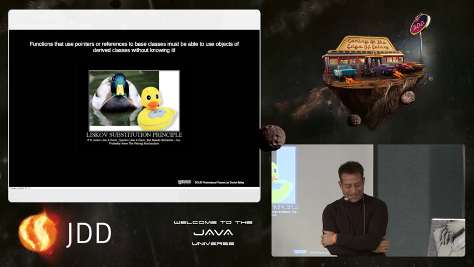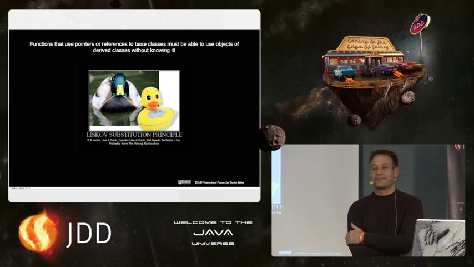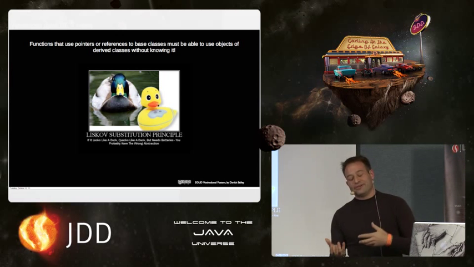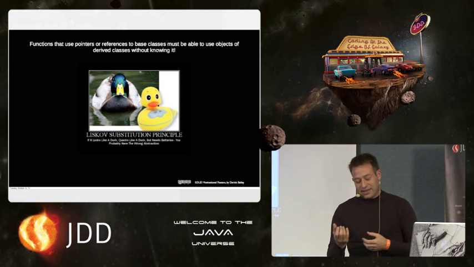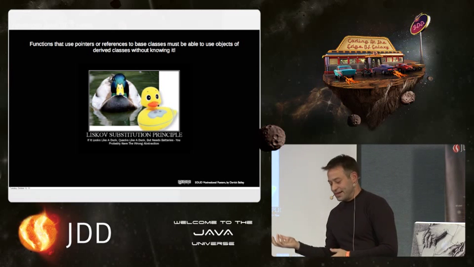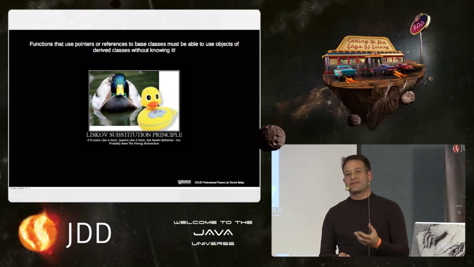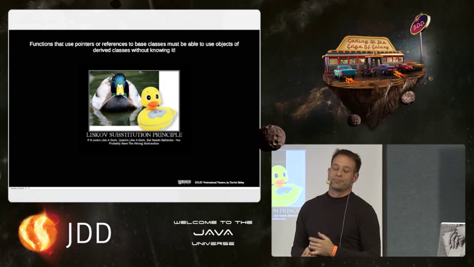Now we come to another interesting thing. Who has heard about the Liskov substitution principle? A few. Excellent. The idea is, if I have polymorphism and classes, if I have a subclass and treat it as a pointer to a base class, the behavior should not change. The classic example is a rectangle, and I derive a square from it. Say the rectangle has a method area.